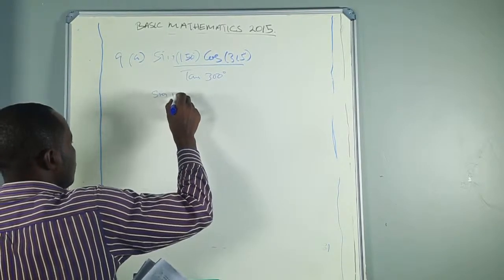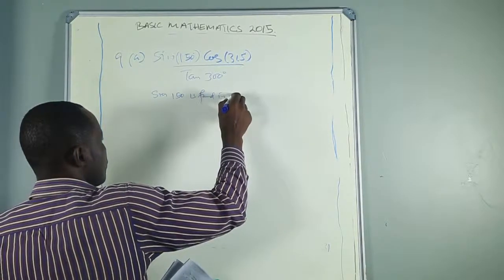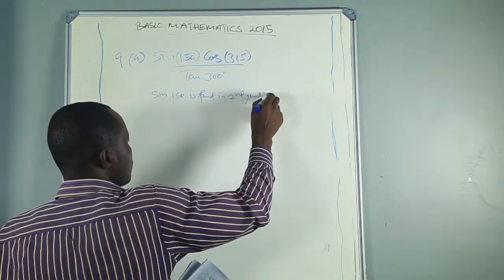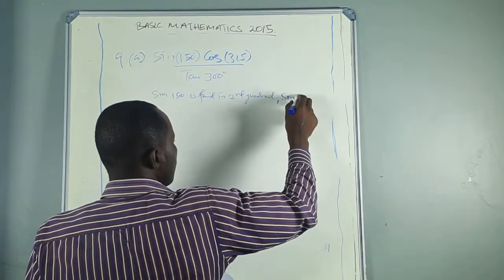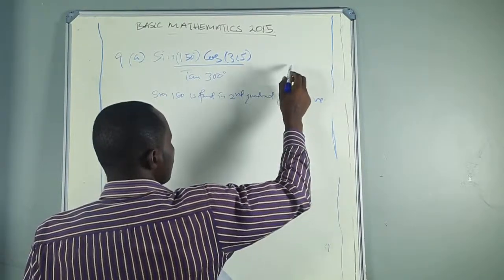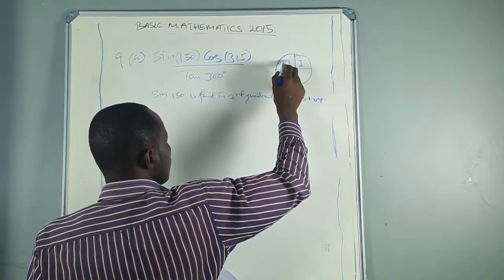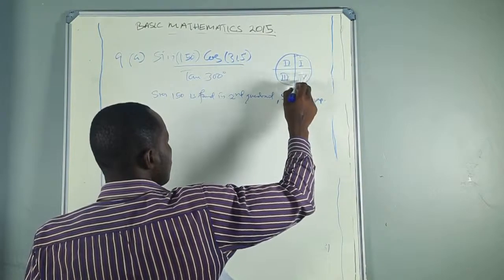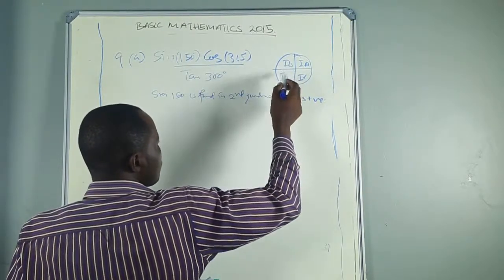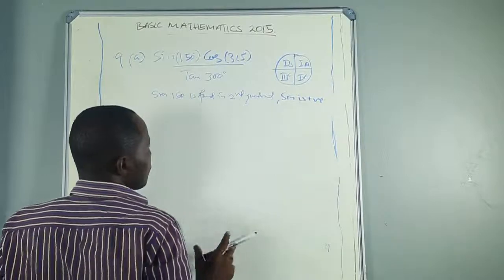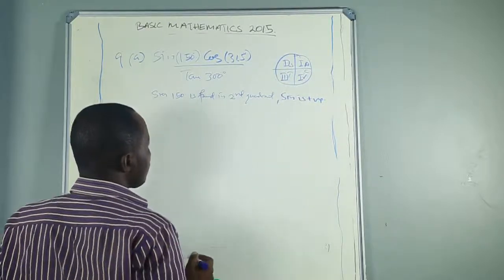Sine of 150 is found in the second quadrant, where sine is positive. In the first quadrant all trigonometric ratios are positive, in the second quadrant sine is positive, in the third quadrant tan is positive, and in the fourth quadrant cos is positive.